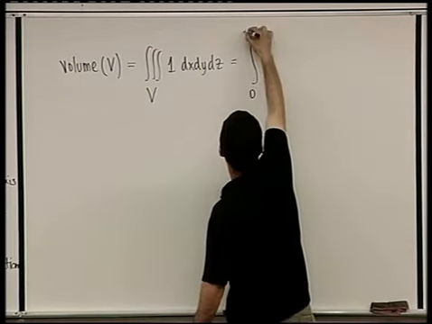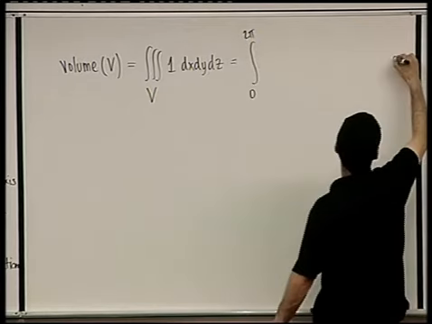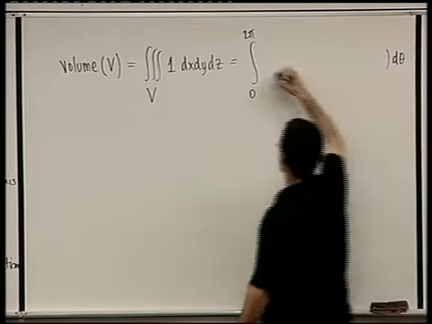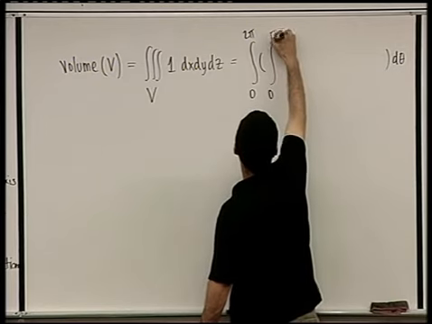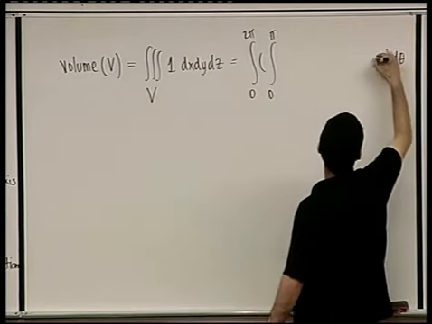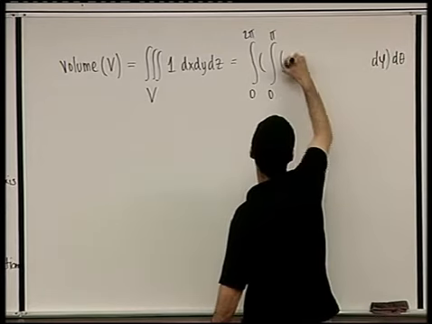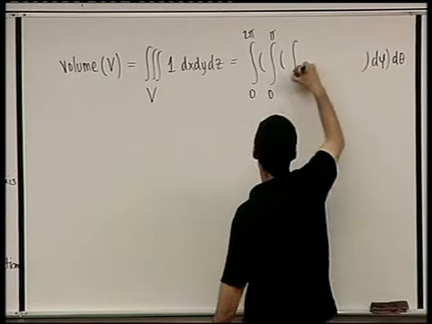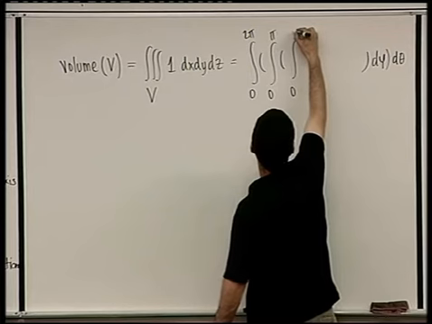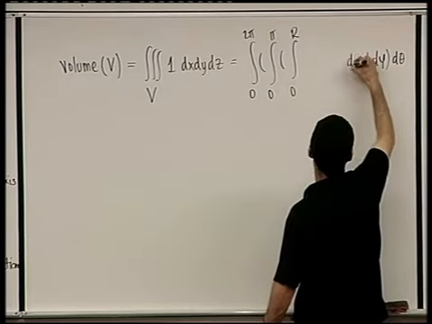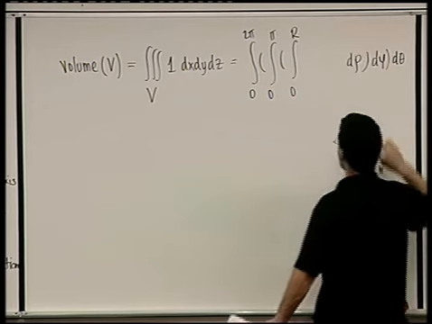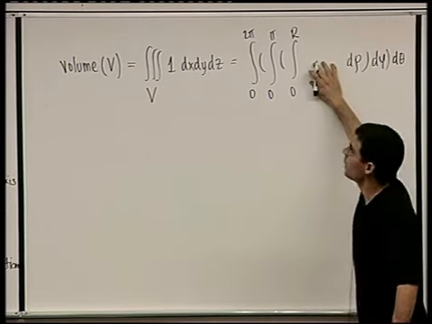Theta is going to range between 0 and 2 pi, d theta. Phi is going to range between 0 and pi, d phi. Rho is going to range between 0 and R, d rho. And what's the function?